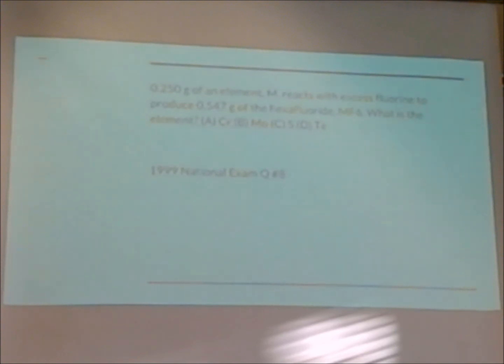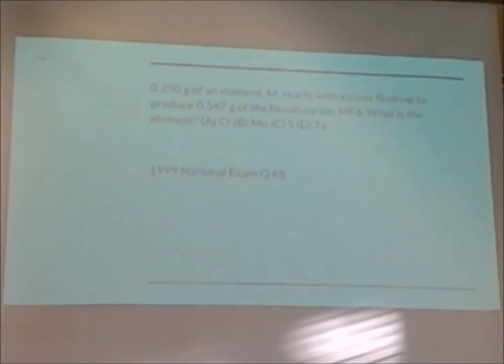Okay, so this is the mass of fluoride we have, and we're going to convert that into moles to get 0.0156 moles. So this is the moles of fluoride we have.